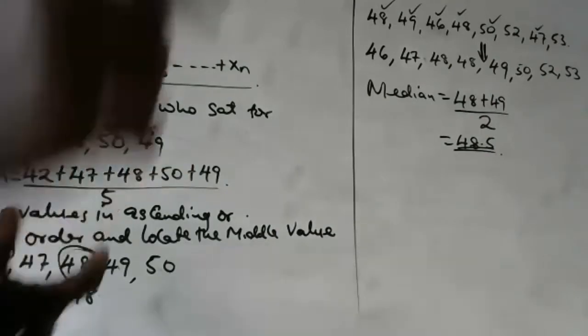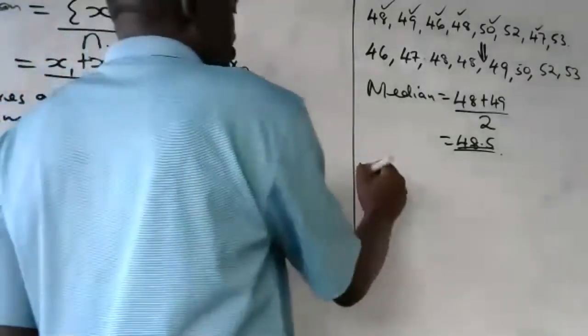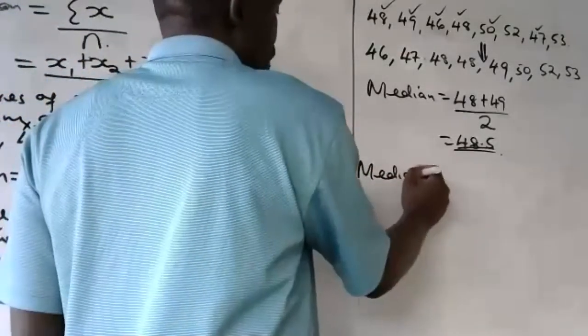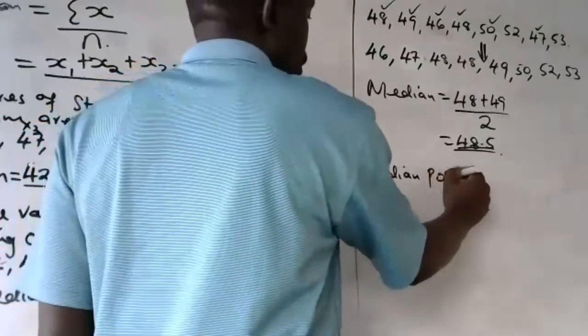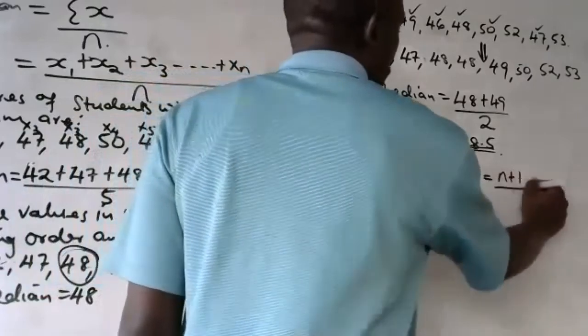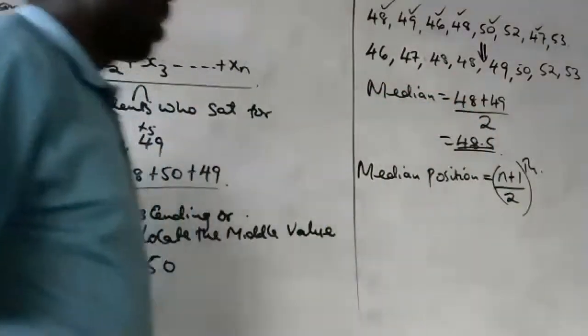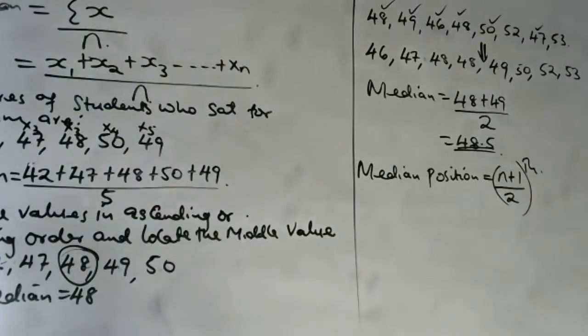In books, you will find that they tell you the median position is given by n plus 1 over 2. That is the position.